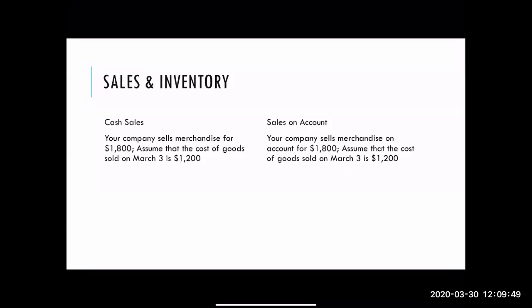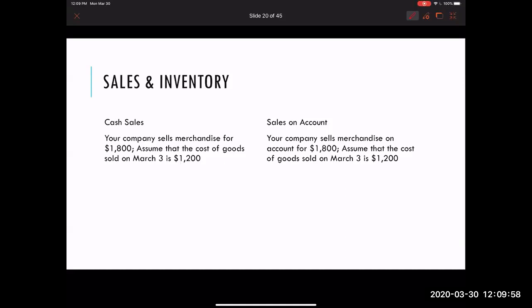Some of this will be from what we learned in a prior example, but we'll go with it. It says your company sells merchandise for $1,800. Assume that the cost of goods sold on March 3rd is $1,200. So it's a cash sale. How would you record this transaction?